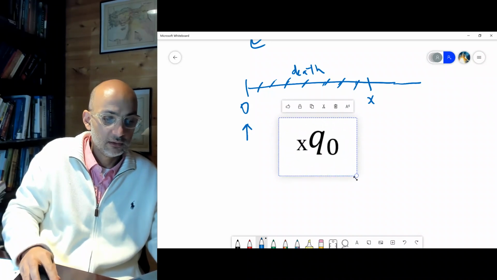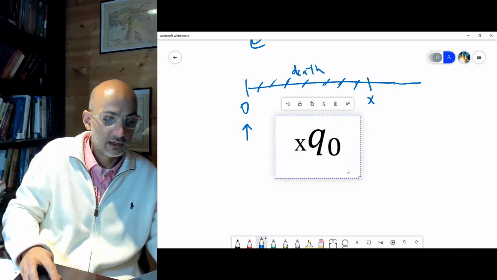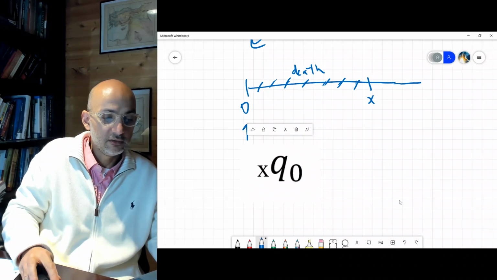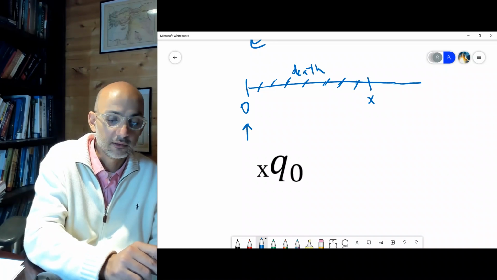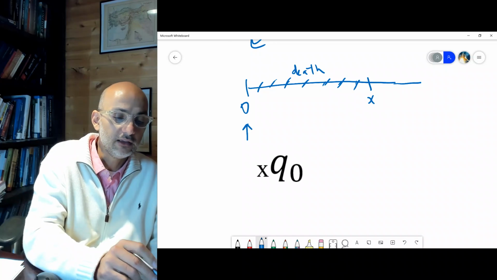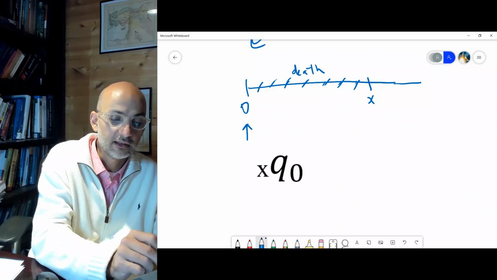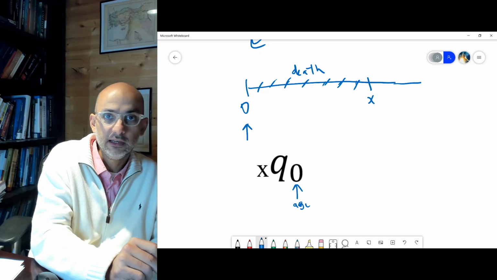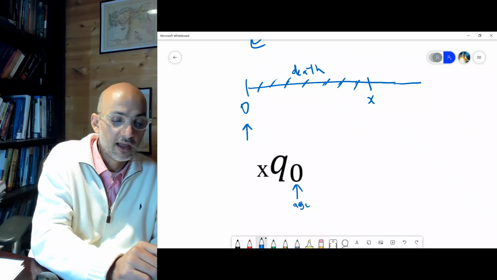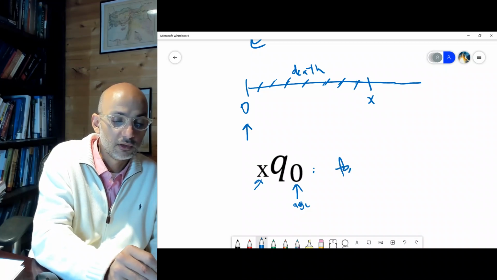So for this relationship, what I'm sharing here is xq0. x is small and 0 is small, and q is a small letter, but with subscript. So xq0 tells us exactly this: for an individual at age 0, what is the probability that he or she will die at or before age x?